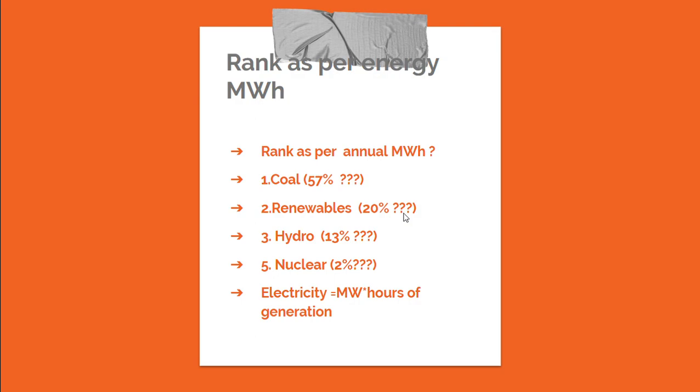The reason is, for example, renewables, wind or solar, would be available for only few hours a year as compared to coal or nuclear, for example, which would be in operation for about 8,000 to 8,760 hours per year. So this is the difference, and if you want to understand this difference, then we need to have a certain parameter which would explain that.